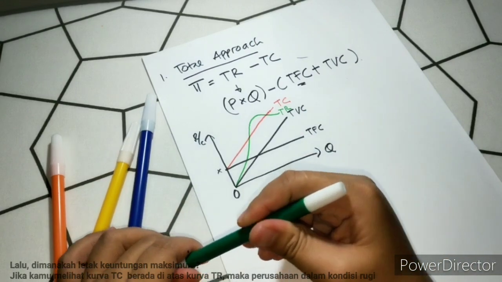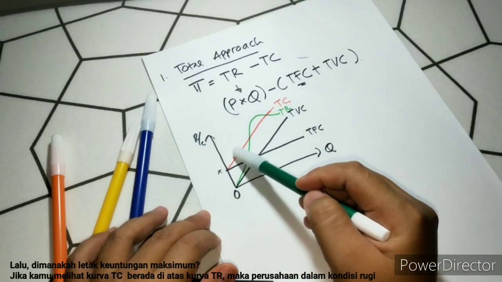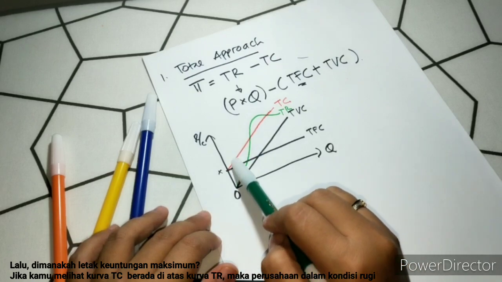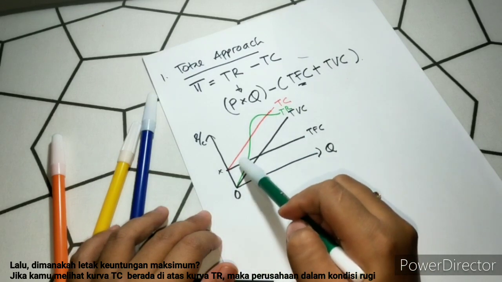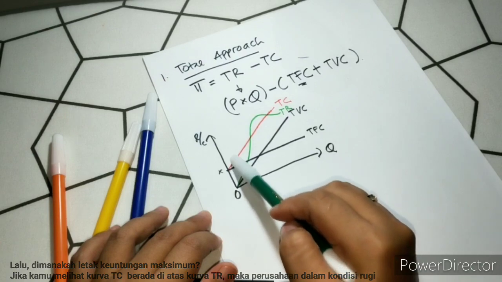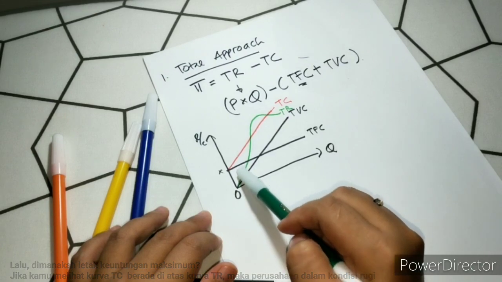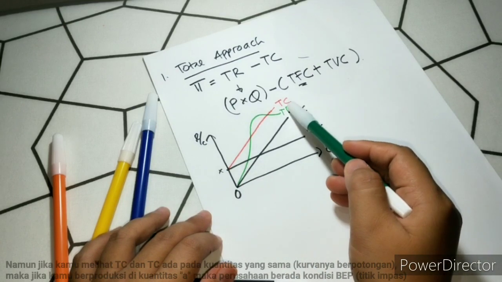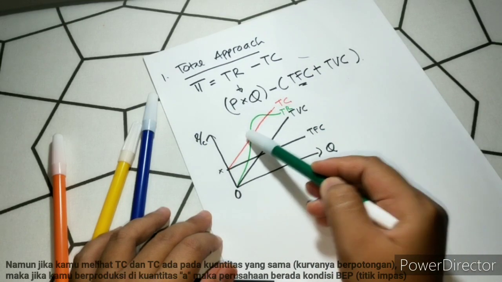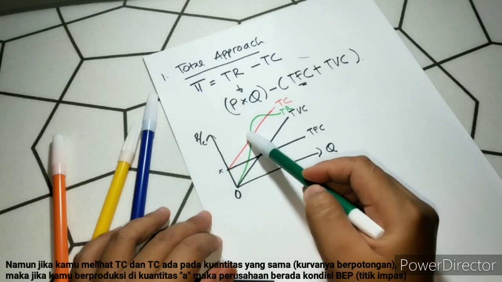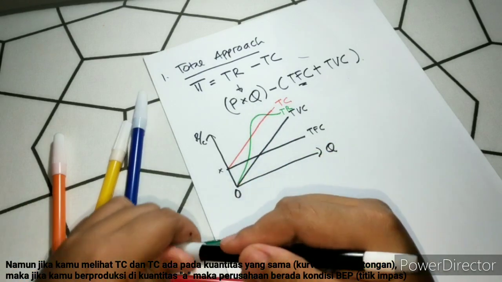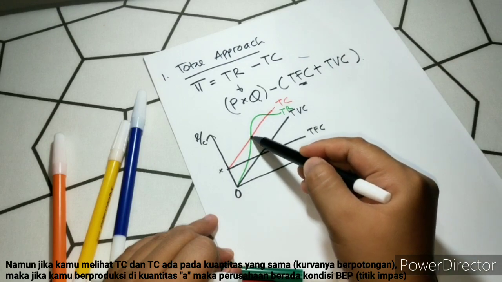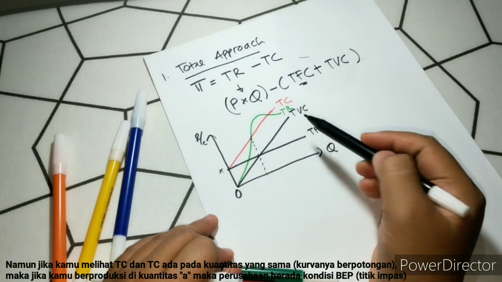If you see the total cost line is upper than the total revenue, then we get loss here. Your company will get loss here. But if you see the total cost and total revenue are at the same quantity like this one, the total cost and total revenue are the same.